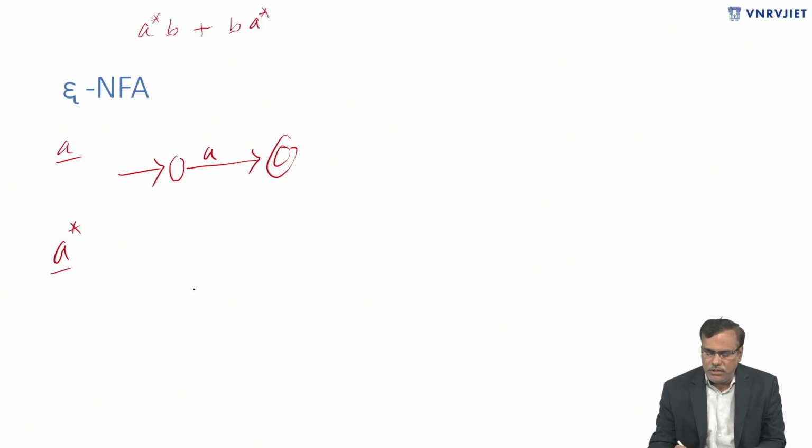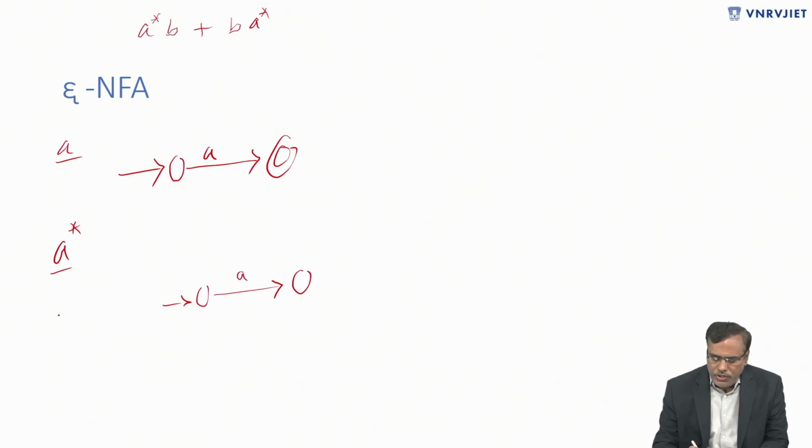First, you already know how to construct it for A. Right now this is a start state and this is the final state. As it is going to change, I am not marking that.